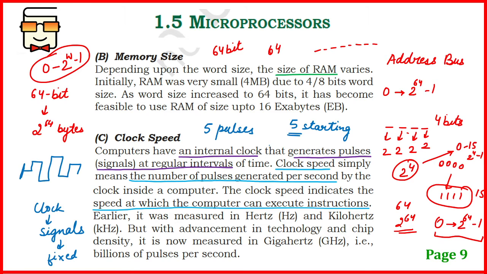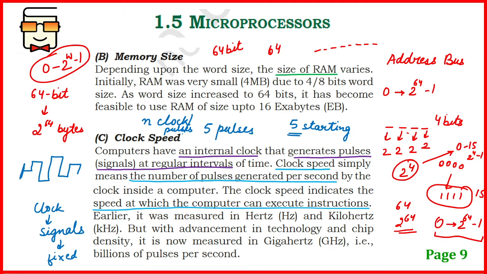So if the CPU has to execute any instruction, it has to wait till the next clock pulse begins. So if there are n number of clock pulses being generated in 1 second, n number of instructions can be executed in 1 second.